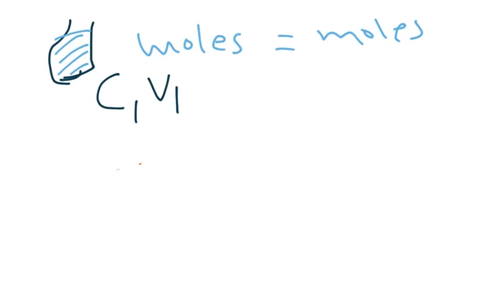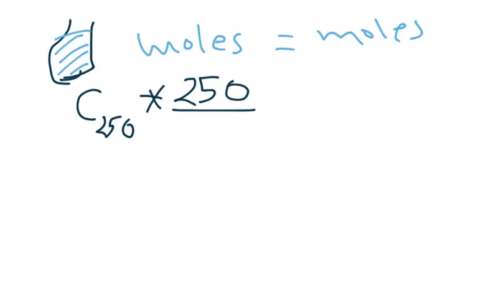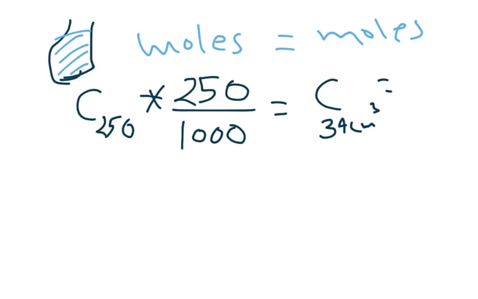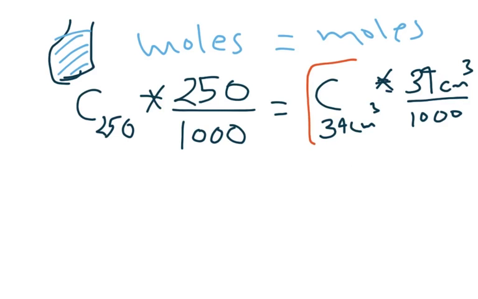What we are saying is that the concentration in the 250 centimeter flask times 250 over 1,000, I just divided by 1,000 to get the decimeter cube, should be equal to the concentration in the initial volume, which was 39 centimeter cube. Remember that this is the FA1 times 39 centimeter cube over 1,000 to get decimeter cube. Okay? So our new concentration should be calculated this way. So we know the concentration of this. Okay, great. But why do we need it?